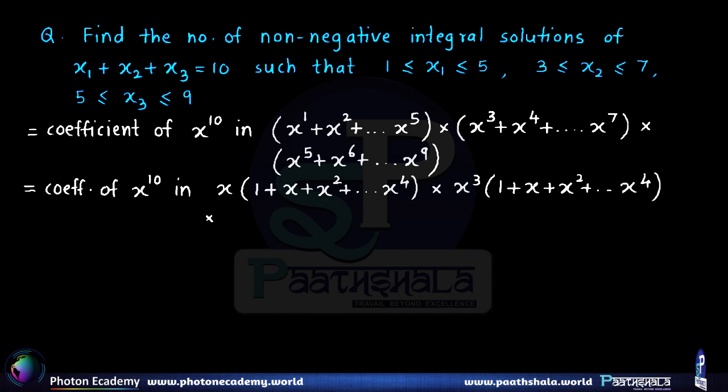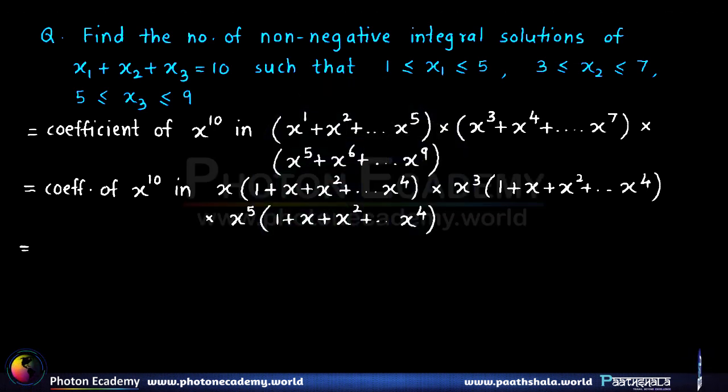And finally in the last bracket, we can take x raised to 5 common, and once again leaving 1 plus x square plus x cube and x raised to 4 inside the bracket. So now we have answer equal to coefficient of x raised to 10 in.